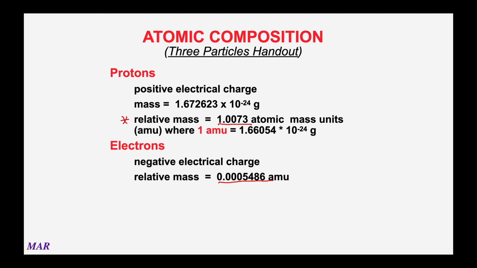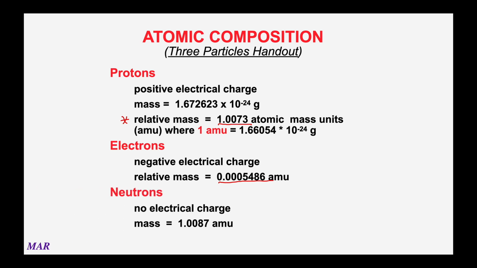They have equal but opposite charges. So the electric charge on the electron is negative and the electric charge on the proton is positive. They're equal in charge, but in terms of mass, how much they weigh, electrons are super small. It's about 2,000 or so electrons in a proton. Not a little bit less than that, I think, but pretty close.